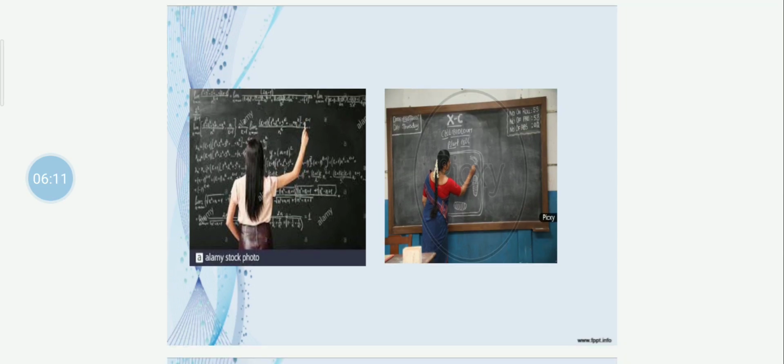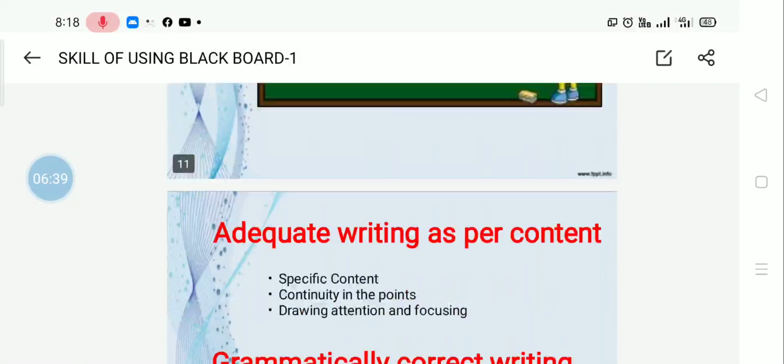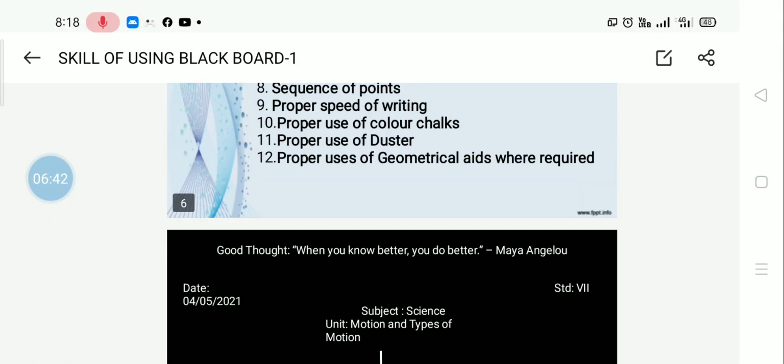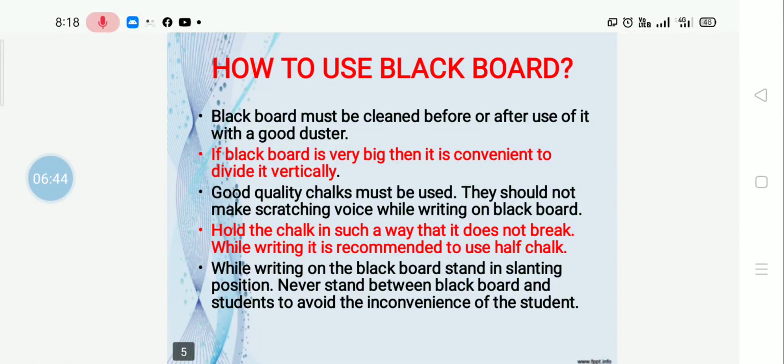See in these two pictures, in the first figure the teacher is fully turned towards the blackboard. At this time, the students behind may misbehave. So the teacher should always give one side to the students, a slanting position while writing on the board.